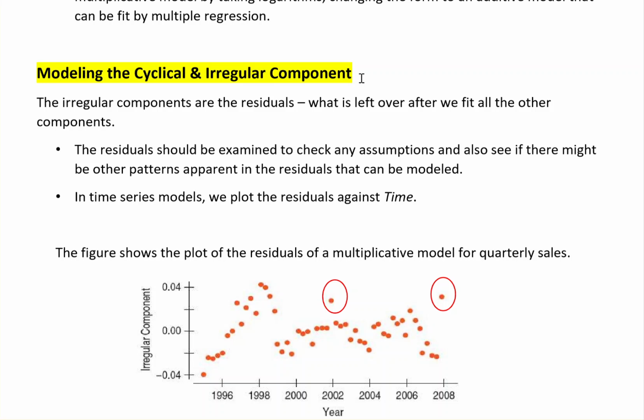But for the irregular component, you cannot model it, but you can check it. Remember, the irregular component is kind of the error, the random fluctuation, which we call random error. Another name for it is the residual.